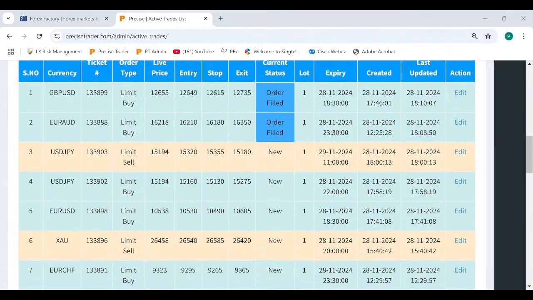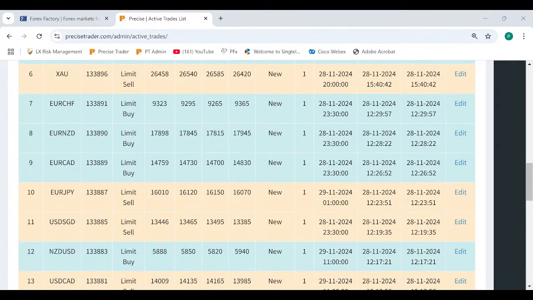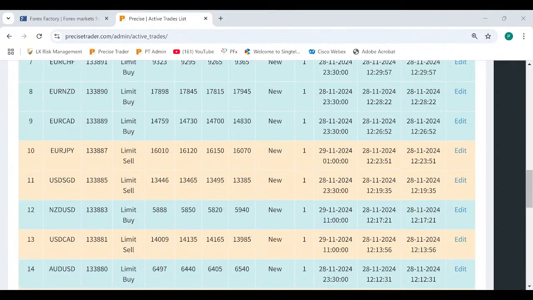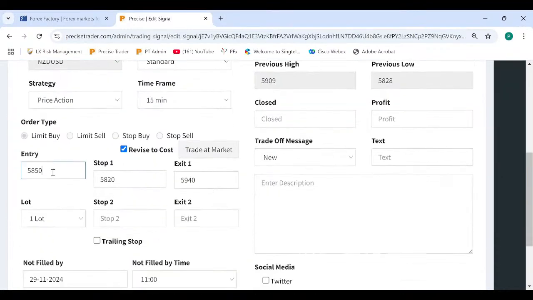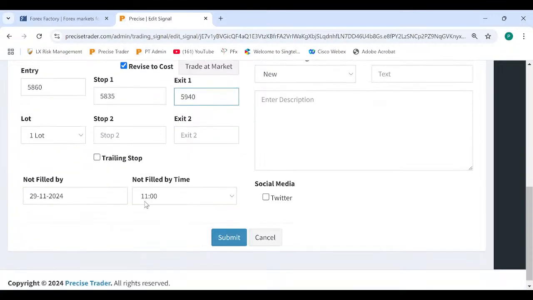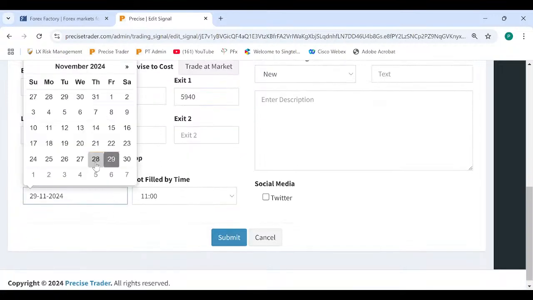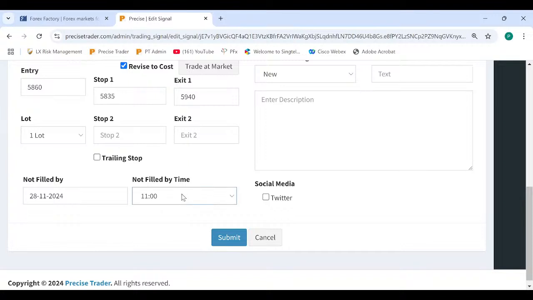So what we can do is revise that buy order to 60, and for the expiry we will try to put in a lower time. So we'll buy at 58.60, stop at maybe 35, and 59.40. And for this one, I don't want to give the expiry until tomorrow 11. Now I want to change it to tonight 23:30.